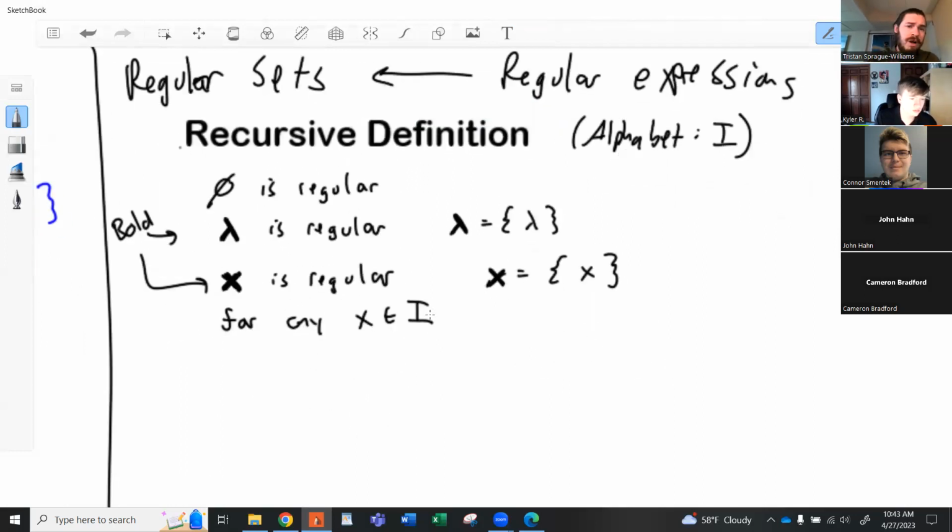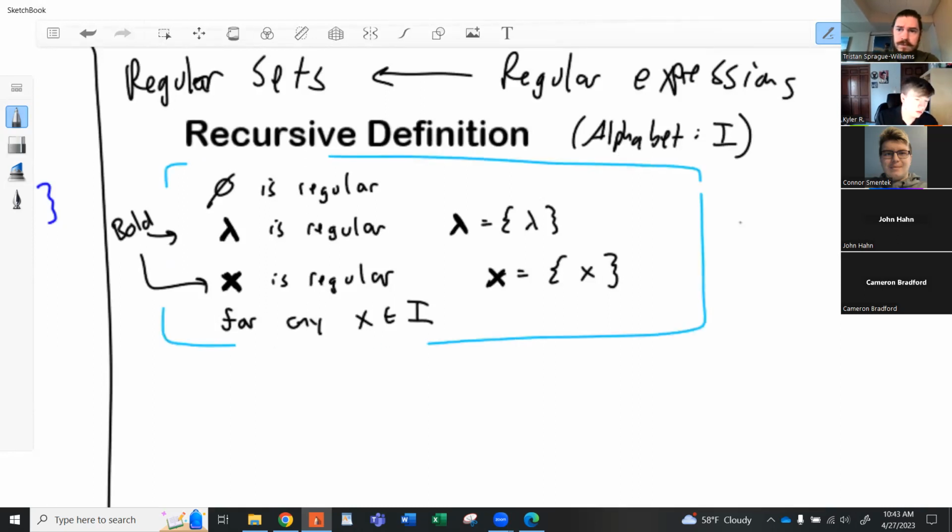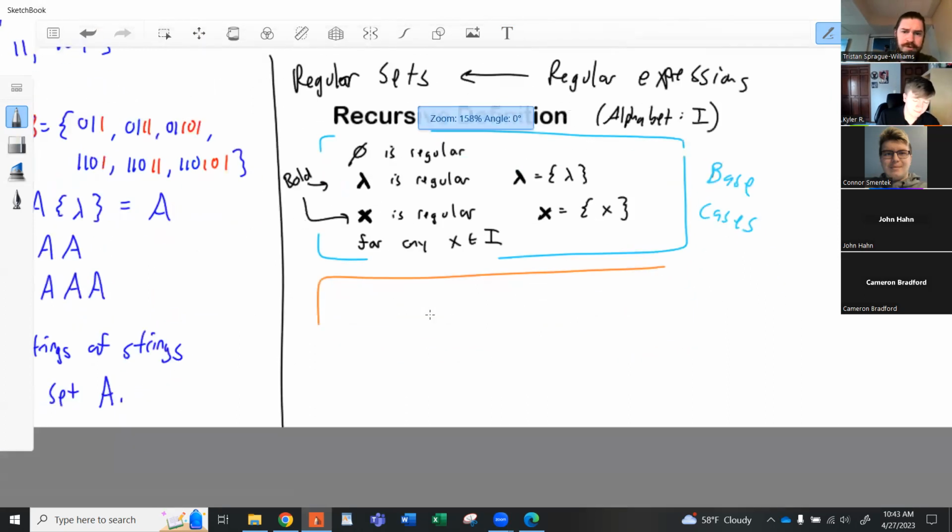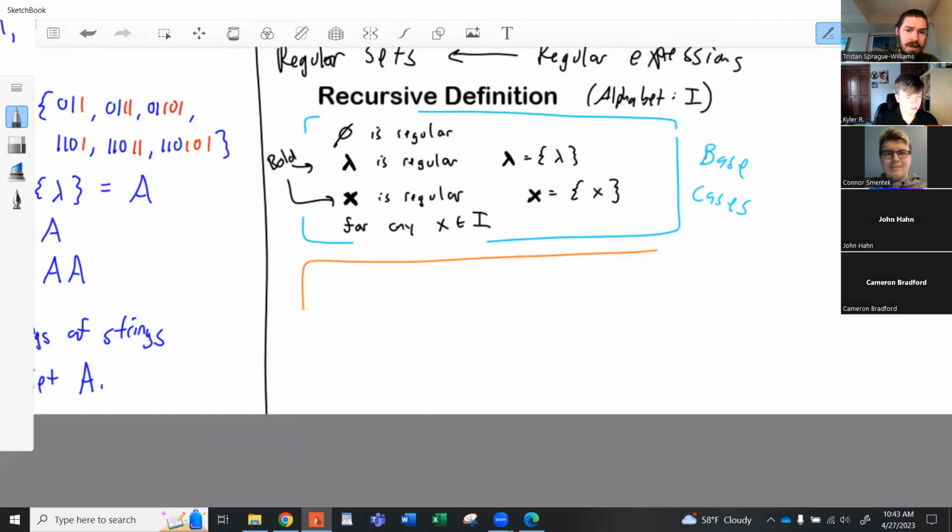And these are all the base cases. Base cases. And then we have the recursion rules. And the recursion rules, there are 3 of them as well.